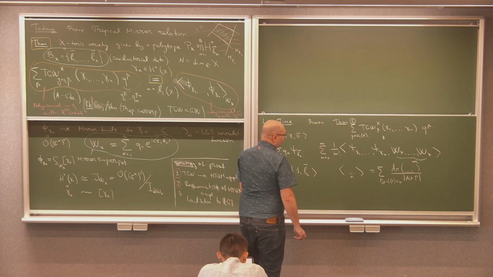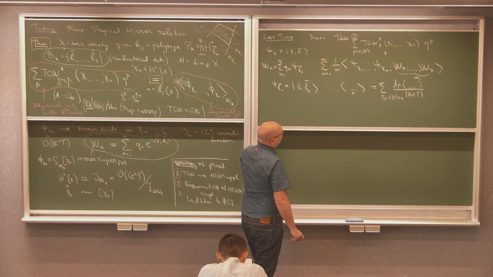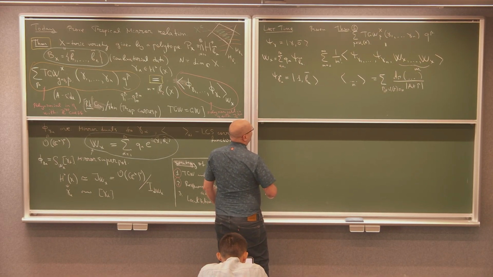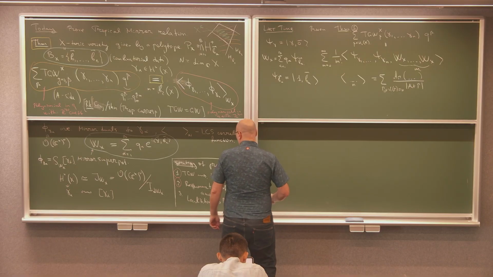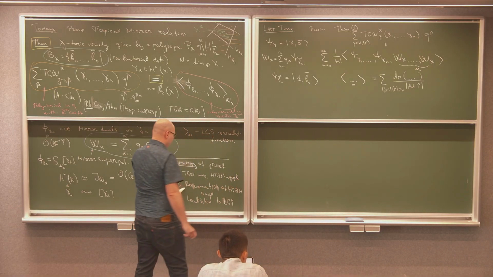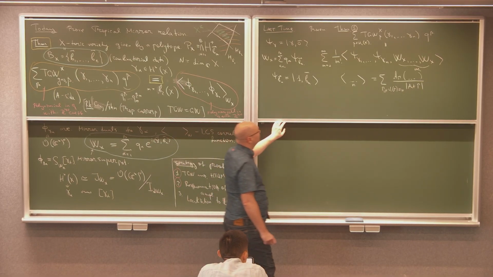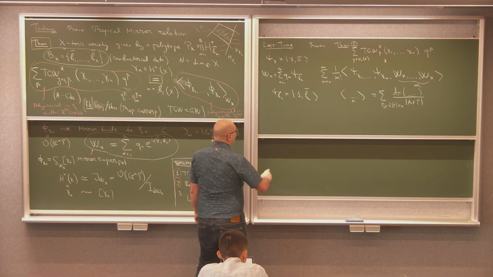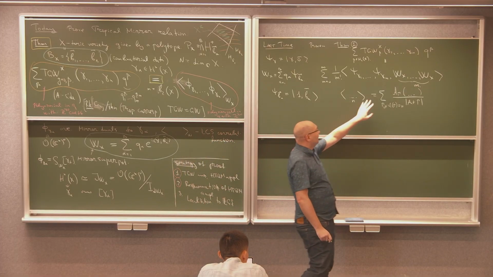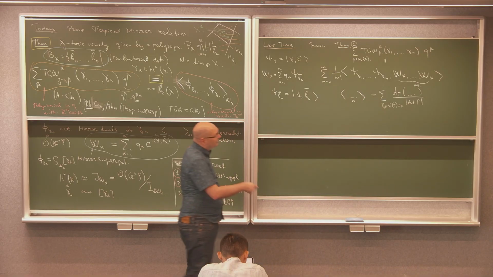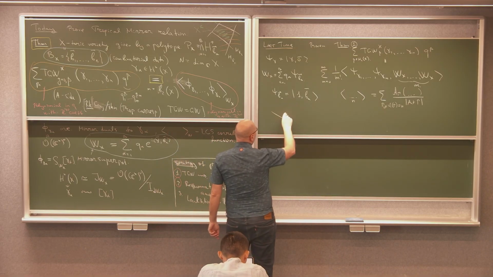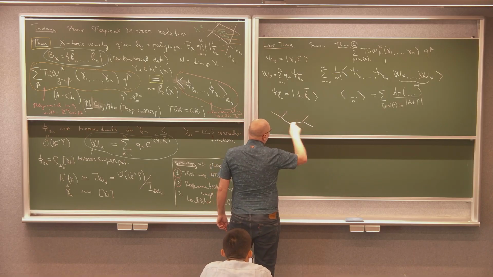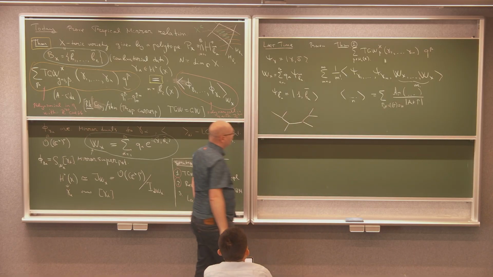Okay, so that was one theorem that we proved last time, but we also did some kind of resummation of these amplitudes, and the pictorial picture was the following. When we look at this correlation function, which is a sum of amplitudes, it is essentially a summation over some trees. We draw these trees in white.